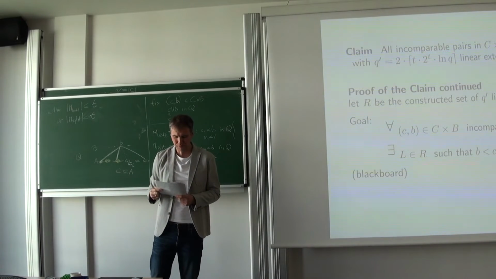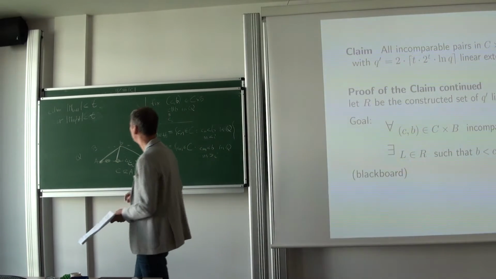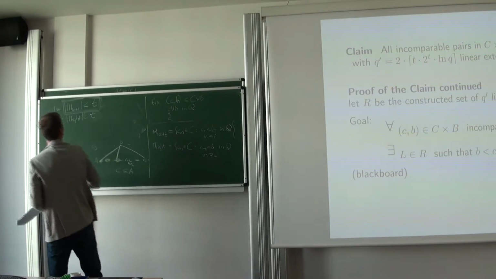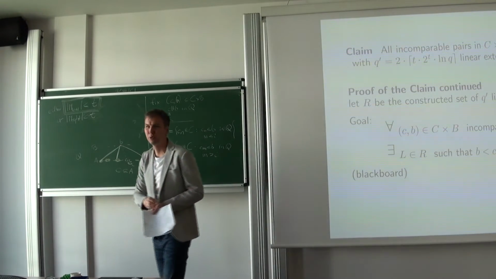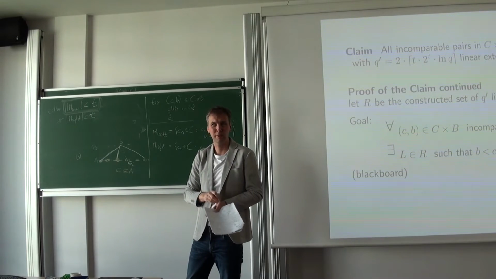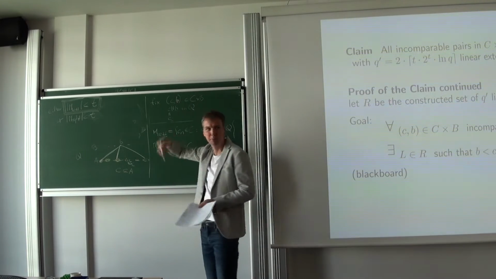And what do we do? In the case that, say, this holds, it's time to say which row we are looking at and which linear extension we want to look at in order to see that B gets below C.